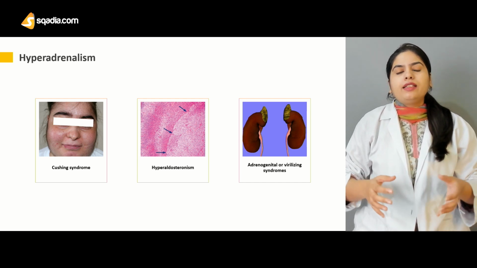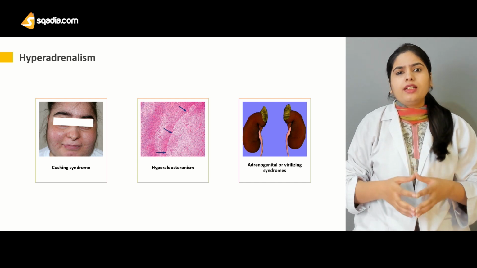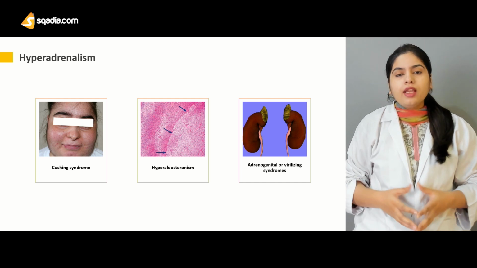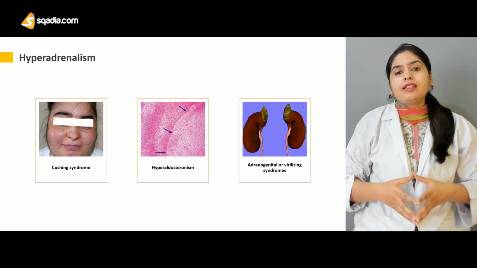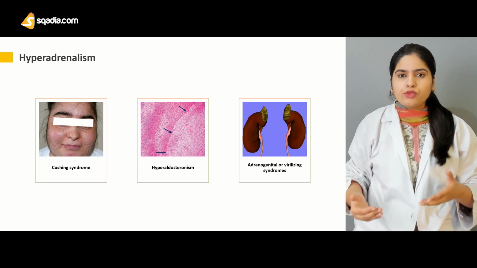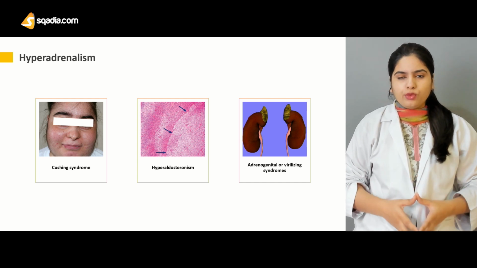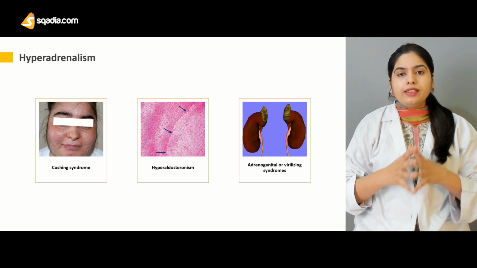However, there are some weak androgens, or a little amount of androgens, that are also produced in the adrenal cortex and released from there. When there is an increase in these androgen levels, this leads to adrenogenital or virilizing syndromes. We will also discuss this condition.